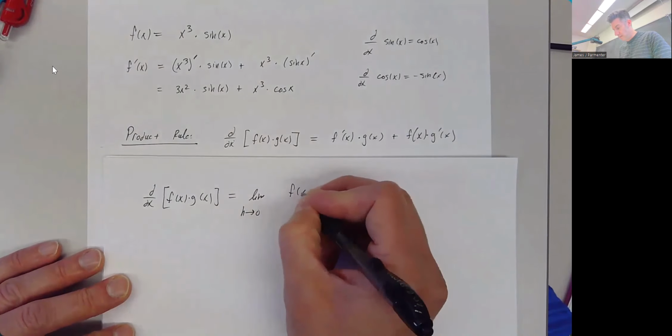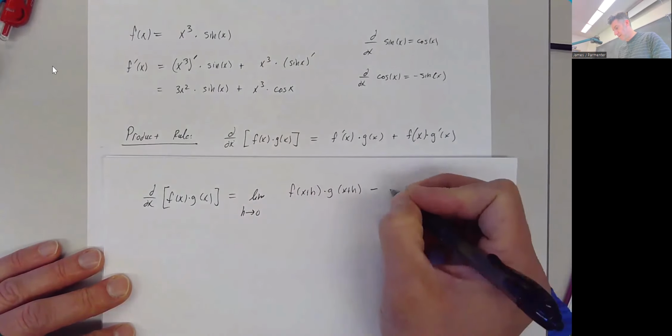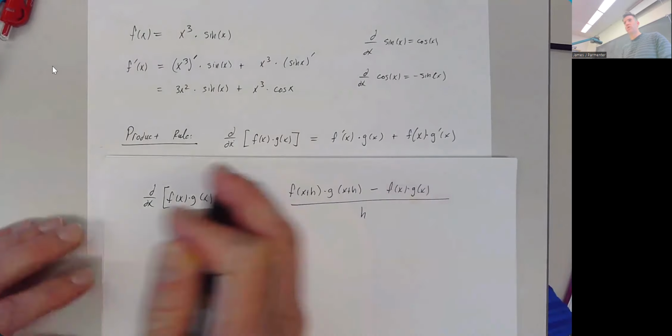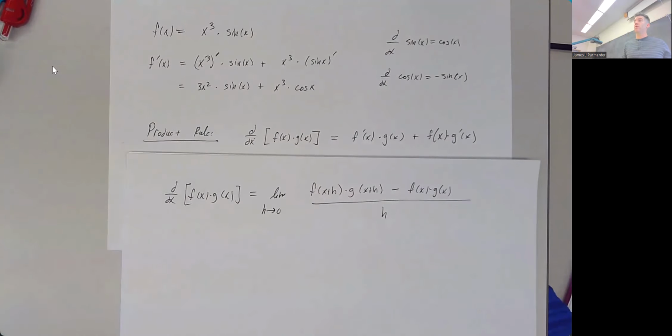So f of x plus h times g of x plus h minus f of x times g of x, all divided by h. Limit definition, right? The usual kind of thing. You just say the thing you have with x plus h in it minus the thing you have with just x in it, all divided by h. And if you plugged in h going to 0 right now, you get 0 over 0, undefined. We have to do more work.